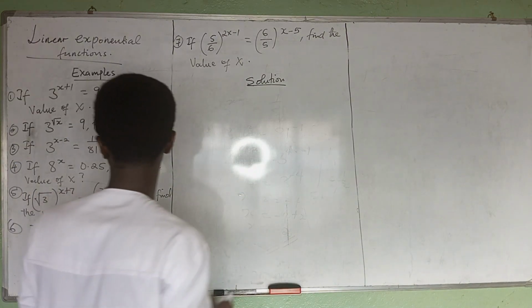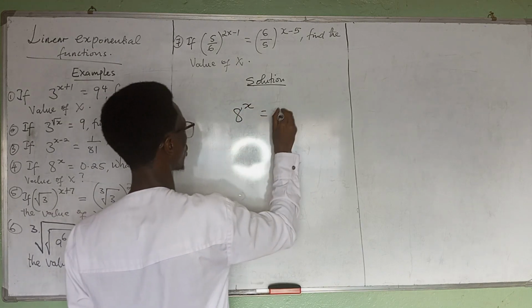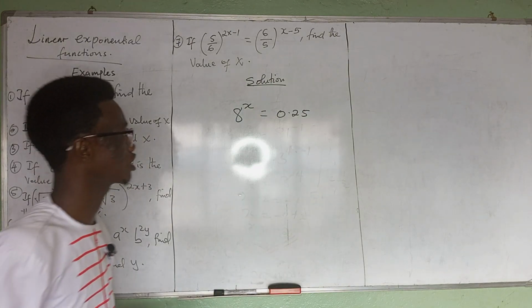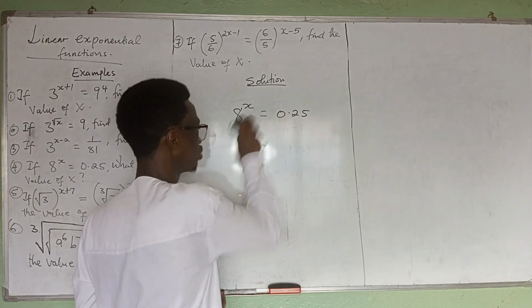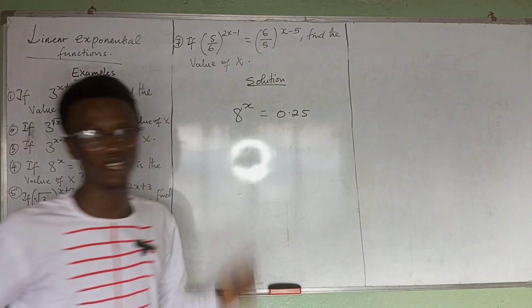So the next one says 8 raised to the power x equals 0.25. When you have situations like this, again a bit different from the ones we solved, the first thing you have to do is change this decimal to a fraction.